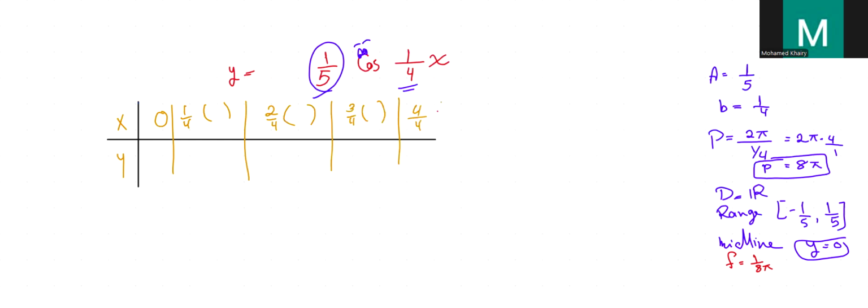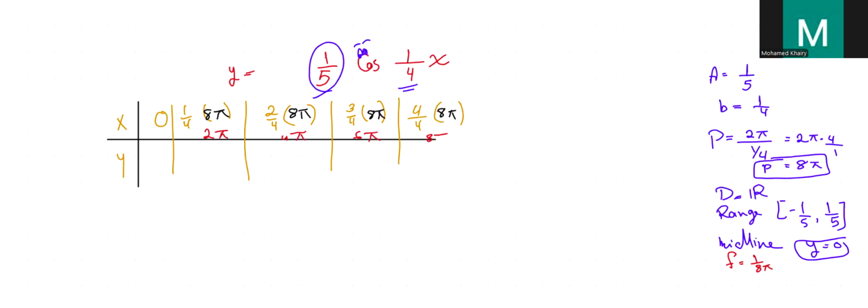So what is my period here? It's 4 pi, sorry, it's 8. I'm so sorry. Okay, so here it's 8 pi each. Okay, finalize your answer. 8 divided by 4, which is 2 pi, 4 pi, 6 pi, 8 pi.